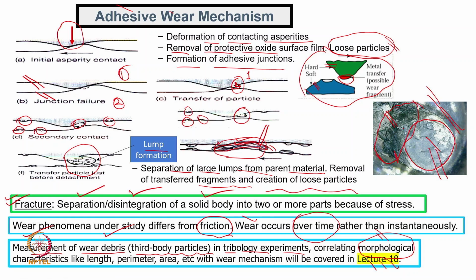Morphology can be in terms of length, perimeter, area, and other parameters. If I do image analysis, I can see whether images match, or we can even classify wear particles into 6 or 9 categories.